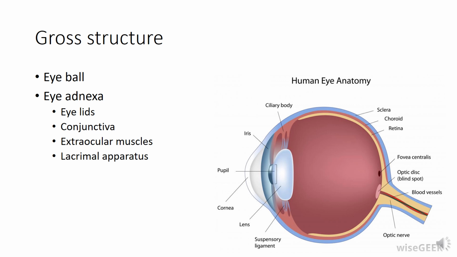Let's study a little bit of the gross structure of the eyeball. It consists of three coats. The inner coat is the neuronal coat, that is the retina.